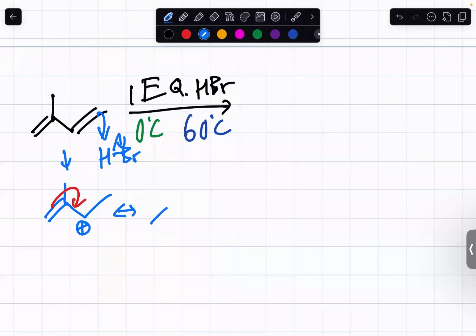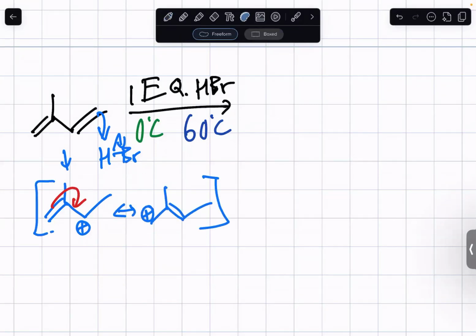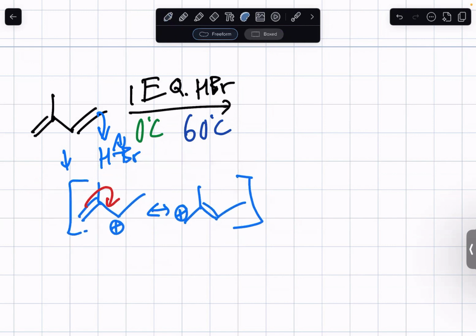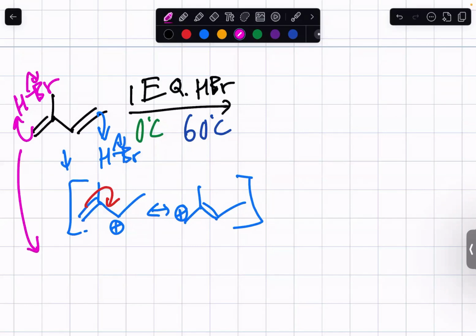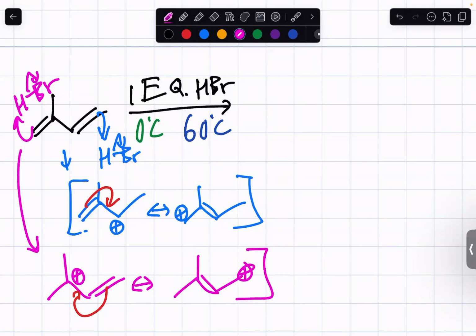To get that first resonance set. Now that's the first resonance set reacting with the alkene on the right. Now, if I react with the alkene on the left, form the more stable carbocation intermediate. Draw out its resonance structure to get that second resonance set.